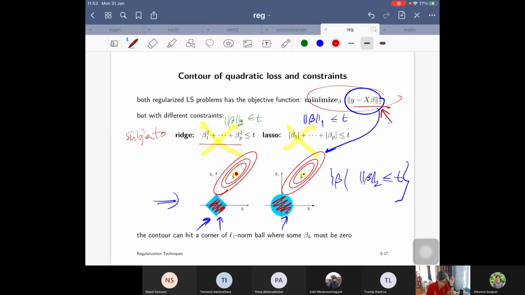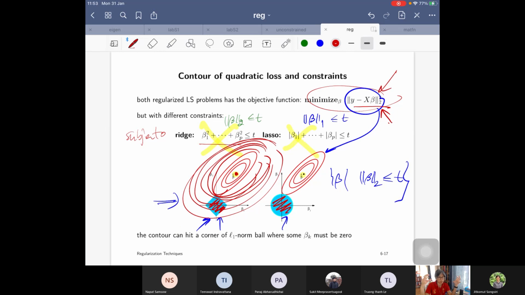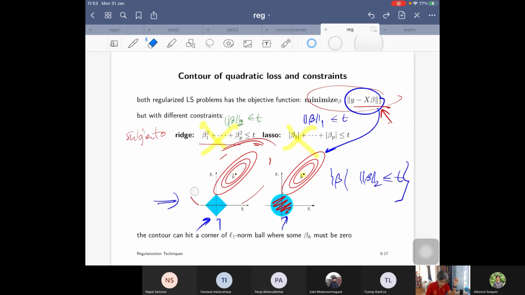We look at the contours; when the contour is bigger, the quadratic objective is bigger. You try to find a smaller contour, but the contour also needs to touch the constraint set.